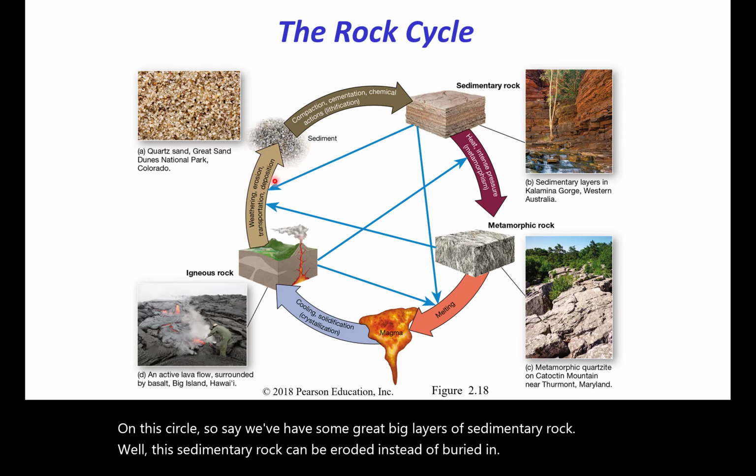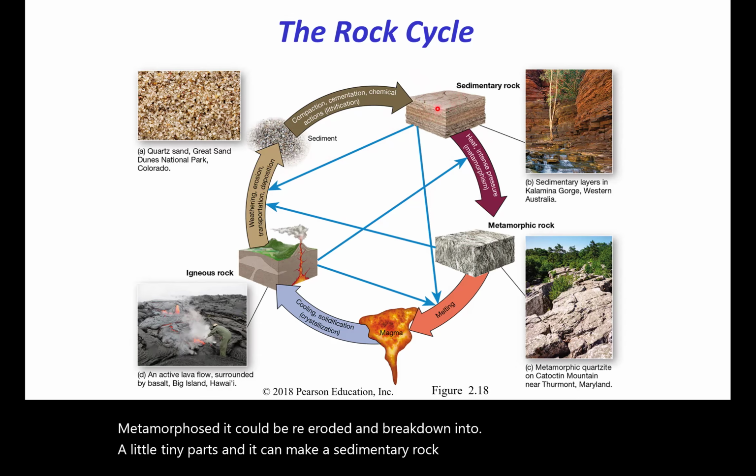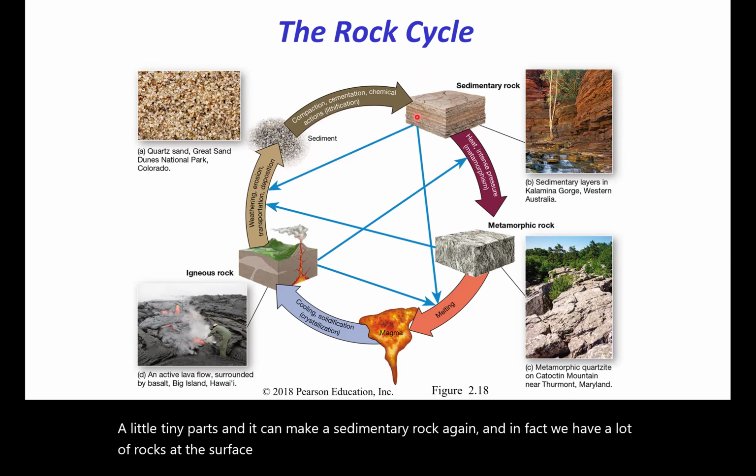It could be re-eroded and break down into little tiny parts, and it can make a sedimentary rock again. And in fact, we have a lot of rocks at the surface in the crust that have gone over and over that little path.